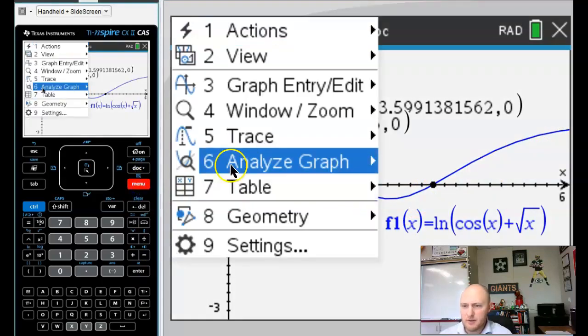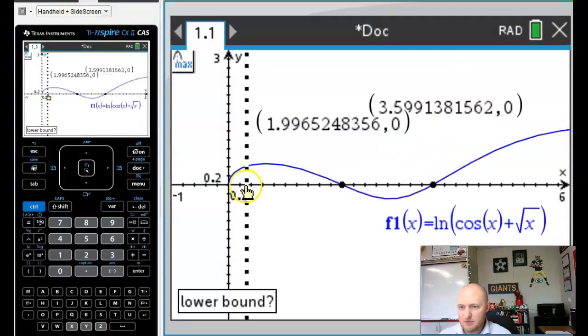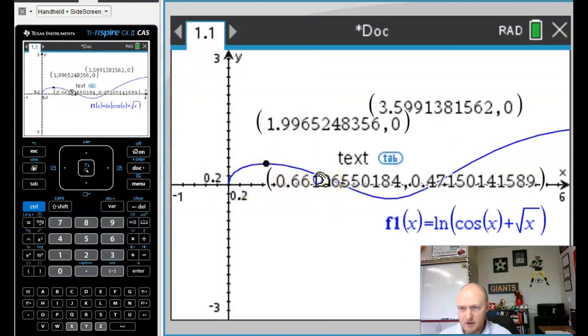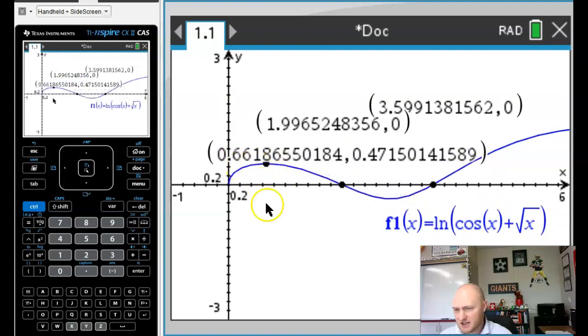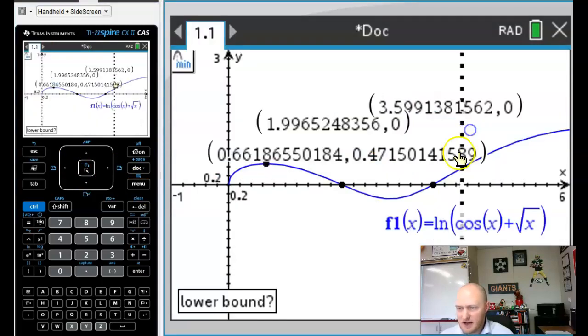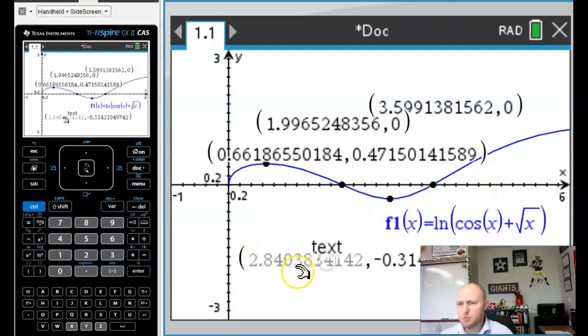So I'm again going to analyze the graph, and this time I want a maximum, let's say somewhere over here to here. Okay, so there is my maximum, 0.662. And then I also want a minimum. So analyze graph, my minimum here. Okay, and we get this value, 2.840.